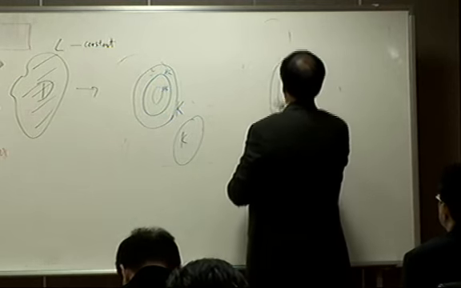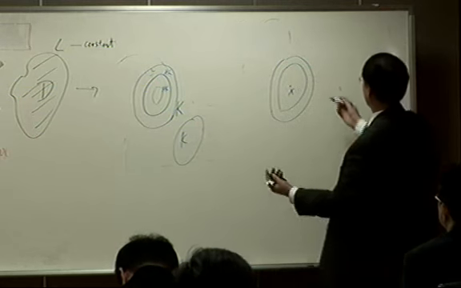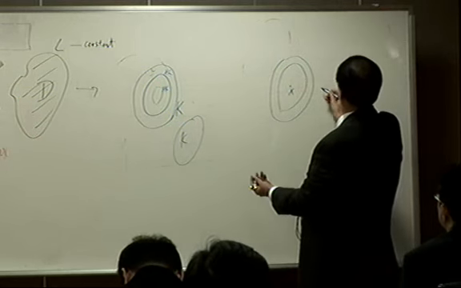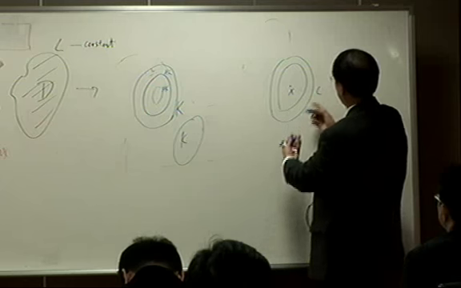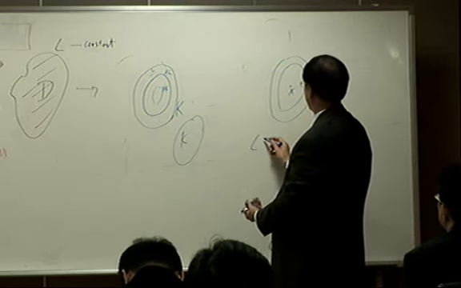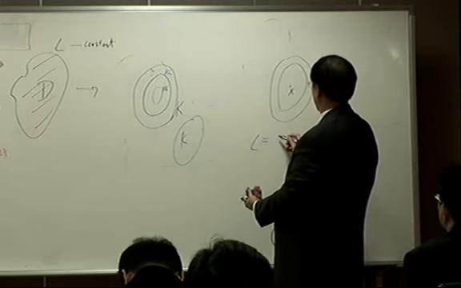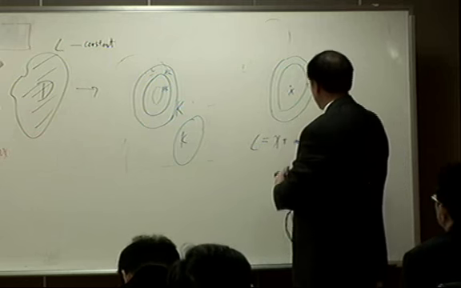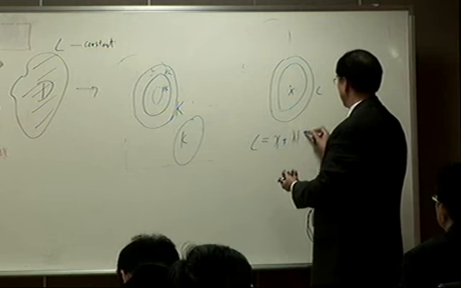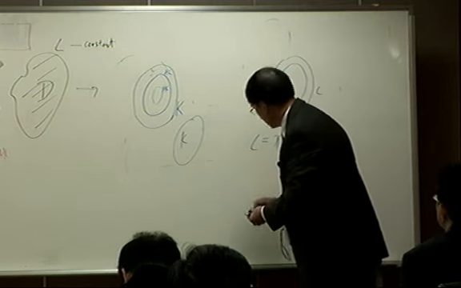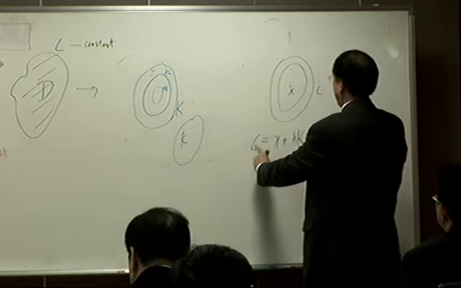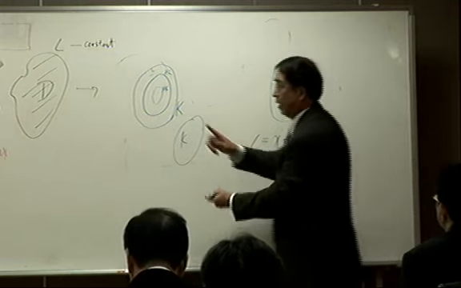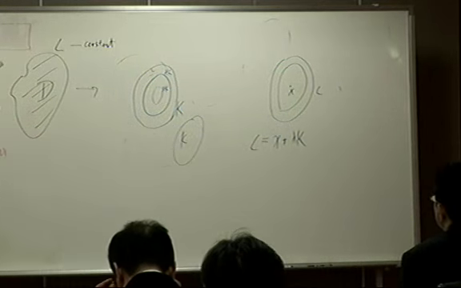Therefore, if this is L, we can say L equals X, a translation, plus a dilation of K. So we call L and K homothetic.